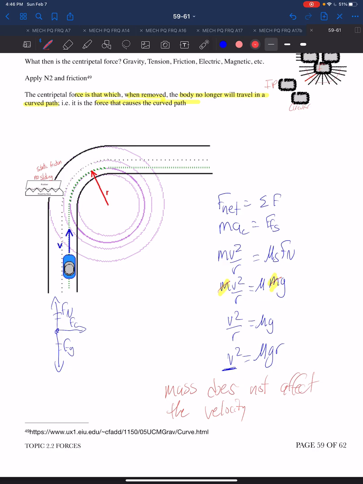But you can also see then, looking at each of these variables, by increasing the radius, we can increase the velocity. So a wider turn, we can go faster around. The tighter the turn, the slower we have to go. That's what that means. And the other is the friction.